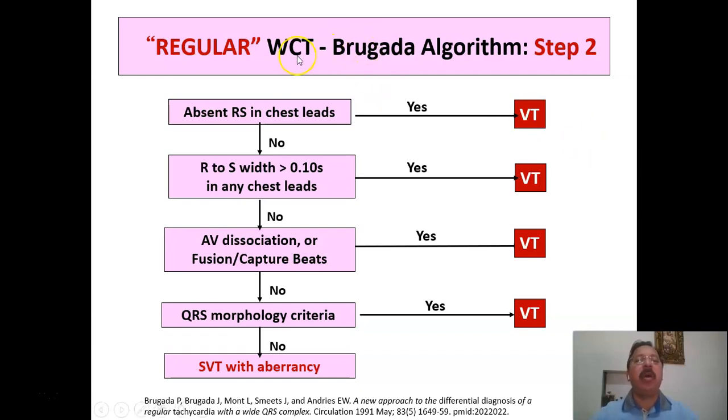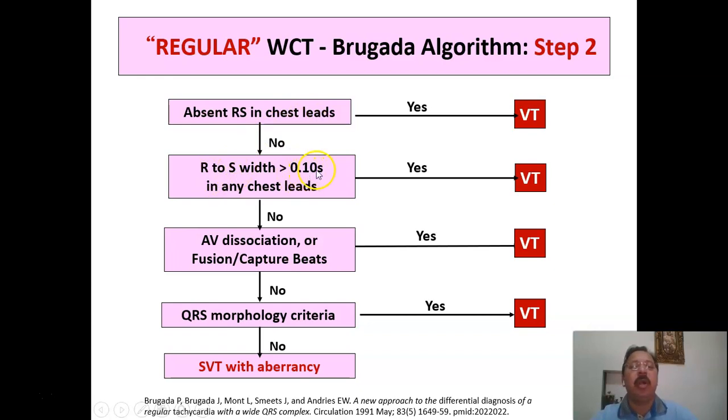If you see a regular wide complex tachycardia, immediately look at the chest leads and see if there is absent RS in the chest leads. If the answer is yes, this is ventricular tachycardia. Story is over. If not obvious, go to the next step: R to S width.